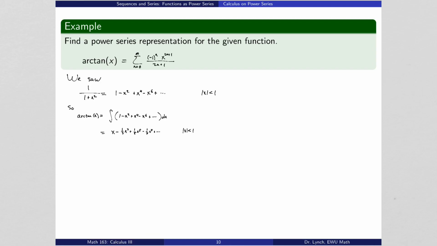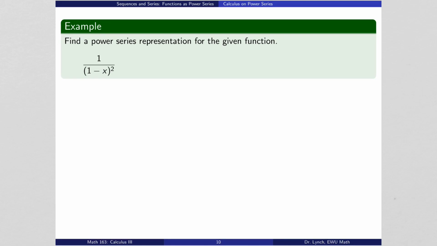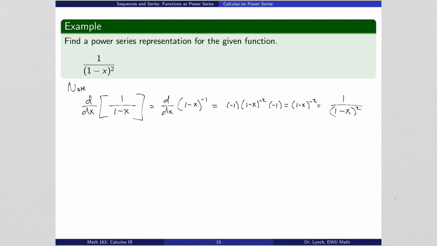Okay, one more example of integrating and differentiating series. Here's the power series representation for 1 over 1 minus x quantity squared. As it turns out, this one's related to a derivative, so we'll go ahead and write down the derivative first, and then we'll think about differentiating a series term-wise. It turns out the derivative of our friendly geometric series, with the chain rule, ends up being the function in question.